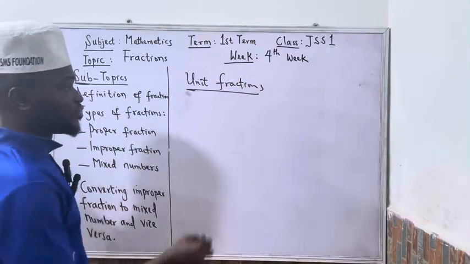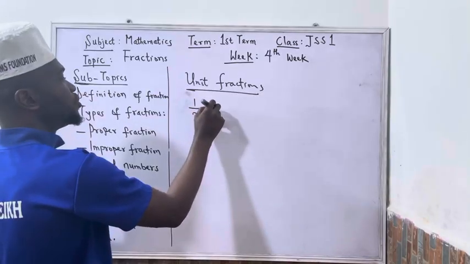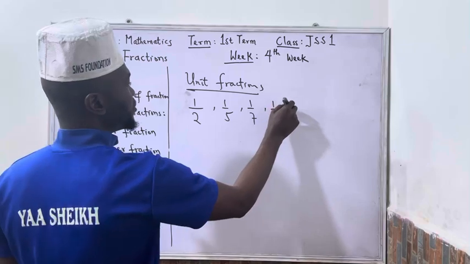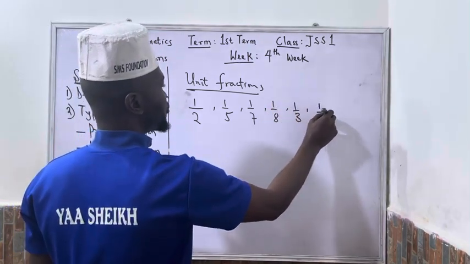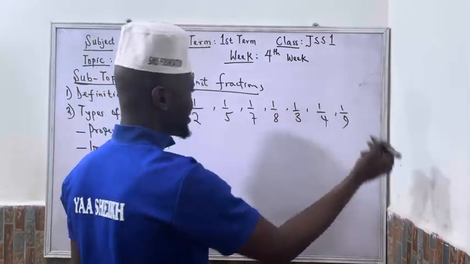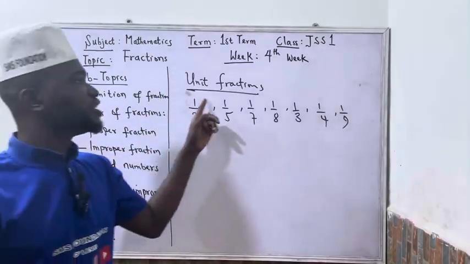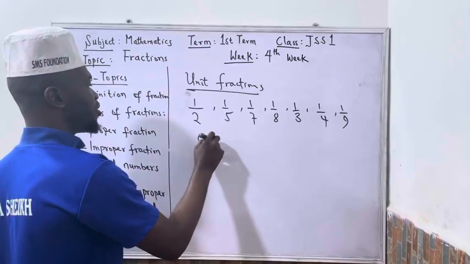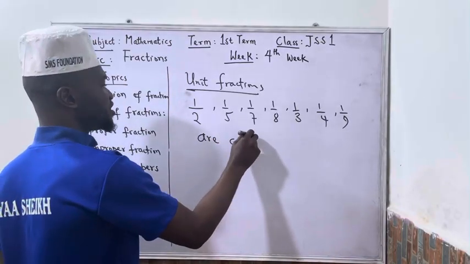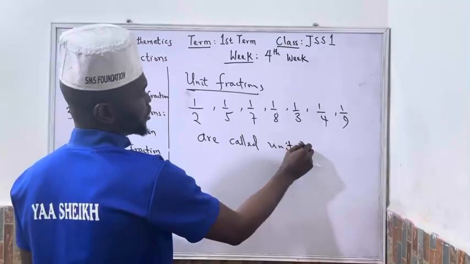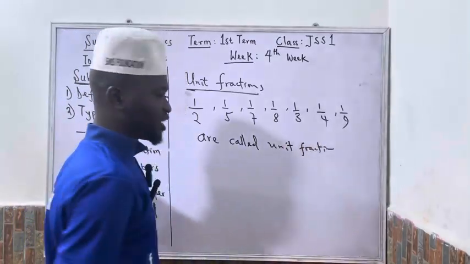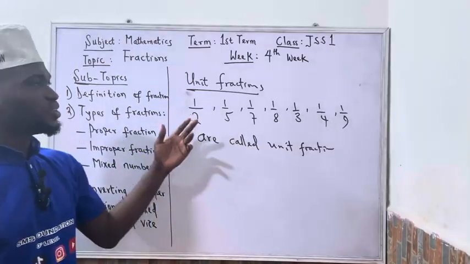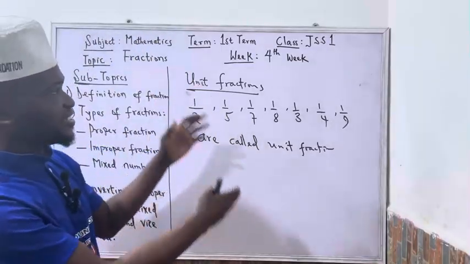So when fractions have the numerator of 1, like 1/2, 1/5, 1/7, 1/8, even 1/3, 1/4, 1/9, no matter what, just know if the numerator is 1, then the fraction is called a unit fraction. So that when you see them, you will not be surprised at what's going on. So which one is a unit fraction again? We are still saying the same thing.